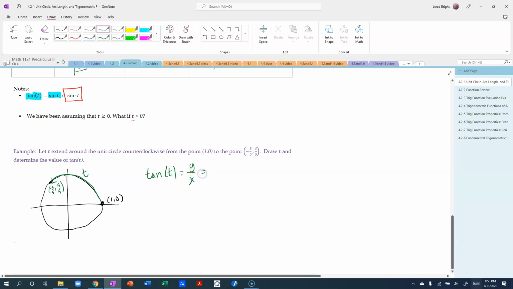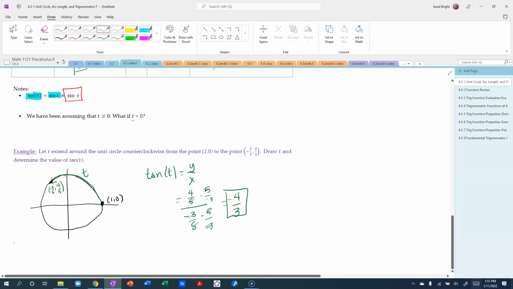And when I do that, this is going to be 4/5, which is the y value, divided by -3/5. If I change this to multiplication by the reciprocal, so 4/5 times 5/-3, and then this would reduce to -4/3. Okay, so that's the ratio for tangent.